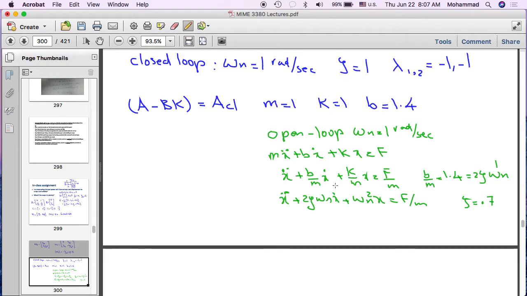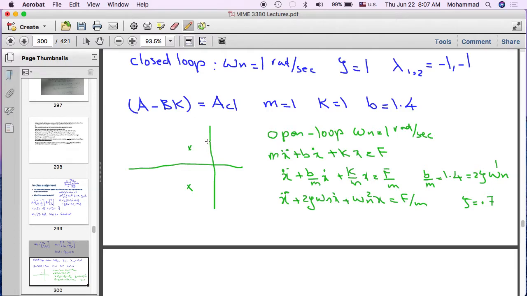Now, if you look at the complex plane, for open loop, you have omega n of 1, zeta of 0.7, so you have a pair of poles that are located here and here.